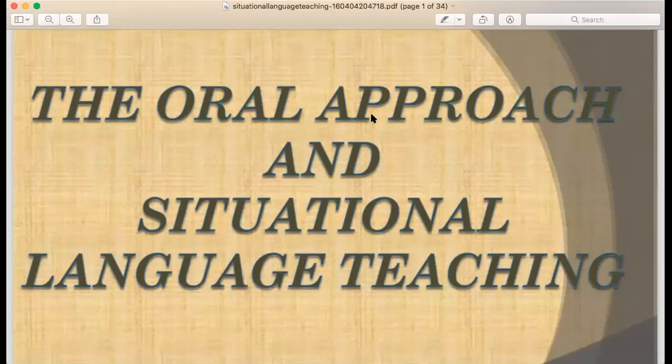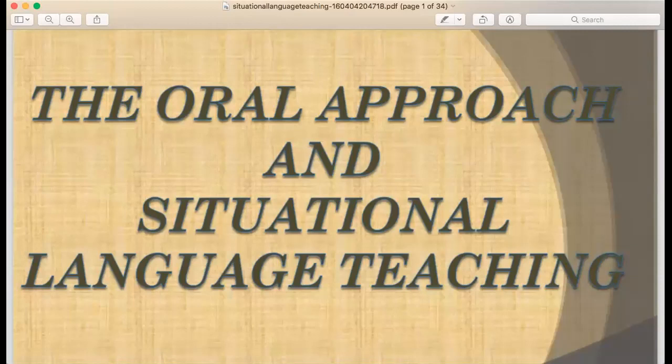So these are the differences, but while we do some of the techniques, you will find a lot of similarities even in the principles too. And of course after GTM, the focus of language teaching moved from grammar to communication.